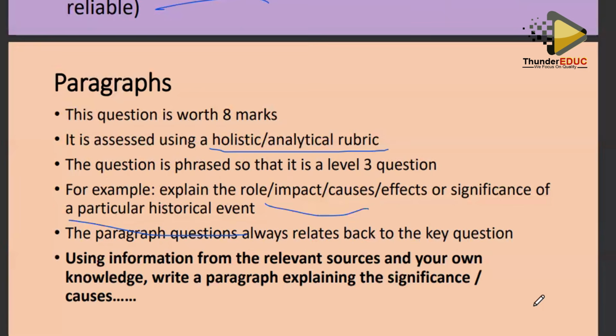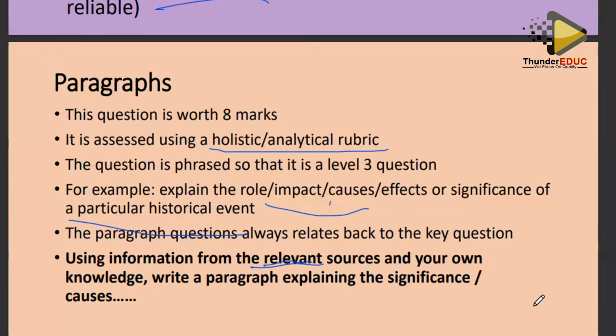Right. Using information from relevant sources and your own knowledge. That is where the problem comes here. Using information from the relevant sources. We are not saying all sources have got relevant information in answering the question. Some sources might not be having information which answers the question. That is why the question is saying relevant information from relevant sources.